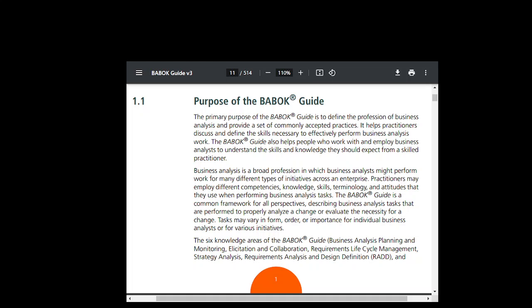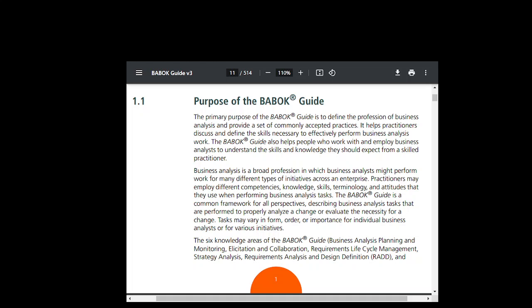The BABOK Guide is a common framework for all perspectives. So this runs across board. Describing business analysis tasks that are performed to properly analyze a change. So this BABOK Guide helps you to analyze change or evaluate the necessity for a change.